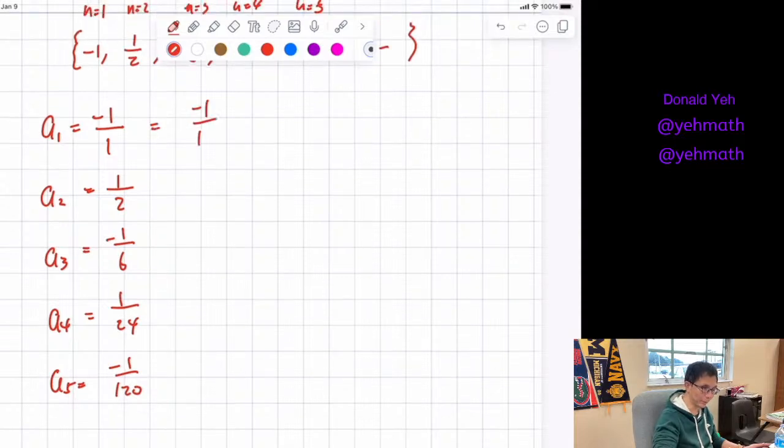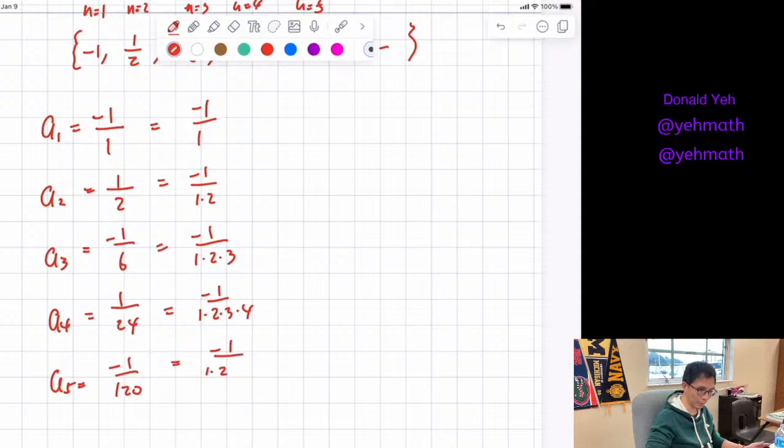Negative 1 over 1. Then 1 times 2 to get 2, then 1 times 2 times 3, then 1 times 2 times 3 times 4, then 1 times 2 times 3 times 4 times 5. But usually you write it a different way. So that is going to give you a factorial.